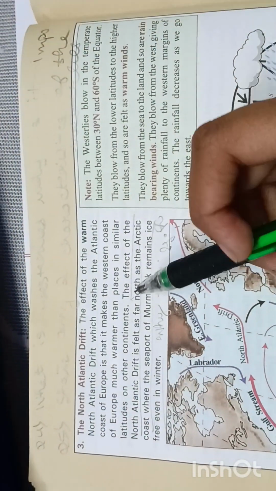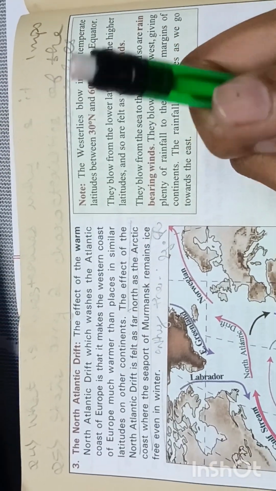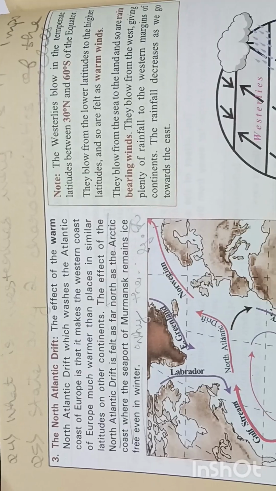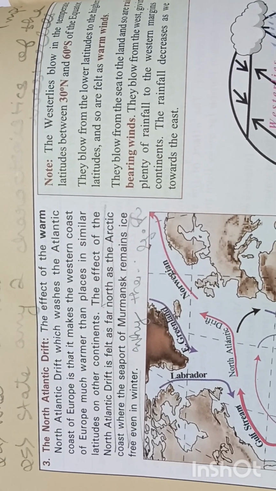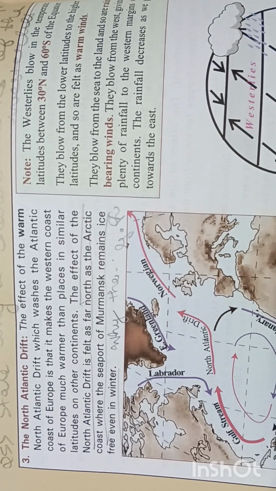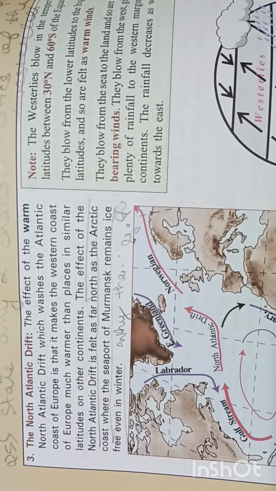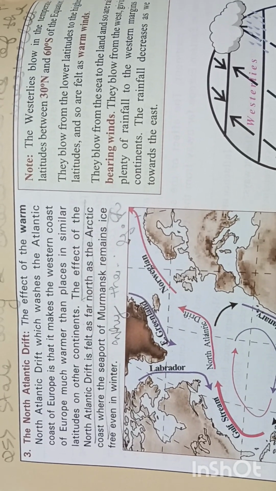Then we have the North Atlantic Drift. The effect of the warm North Atlantic Drift, which washes the Atlantic coast of Europe, is that it makes the western coast of Europe much warmer than places in similar latitudes on other continents. The effect of the North Atlantic Drift is felt as far north as the Arctic coast, where the seaport of Murmansk remains ice free even in winter.